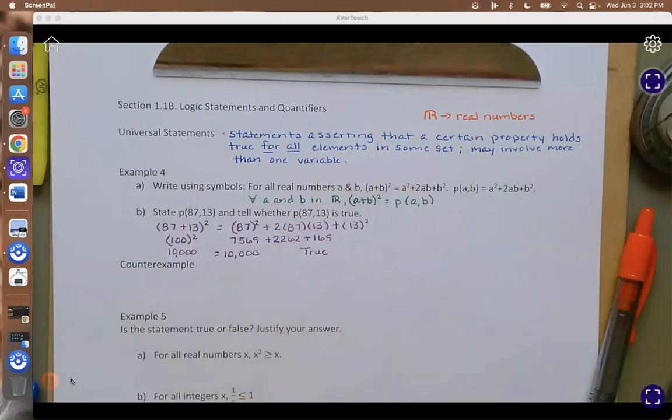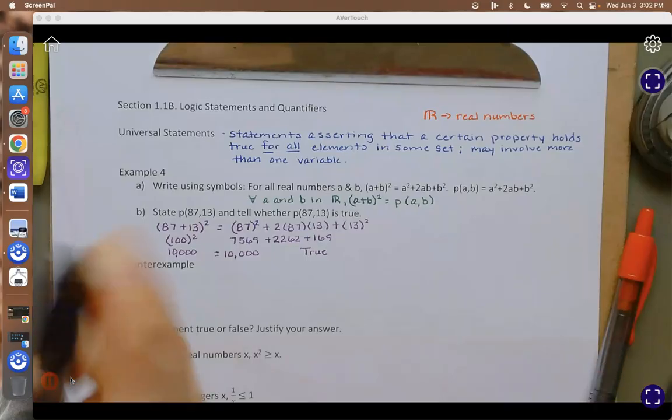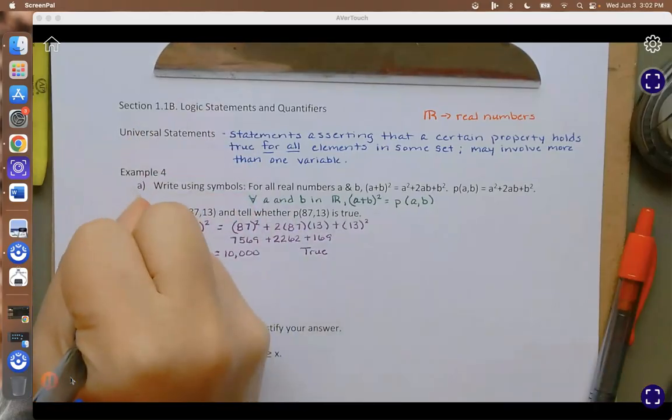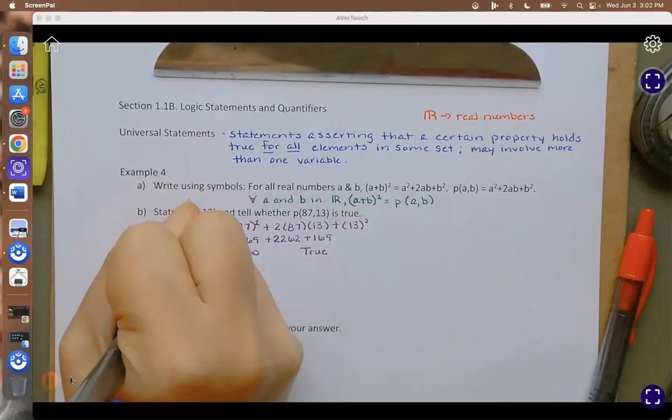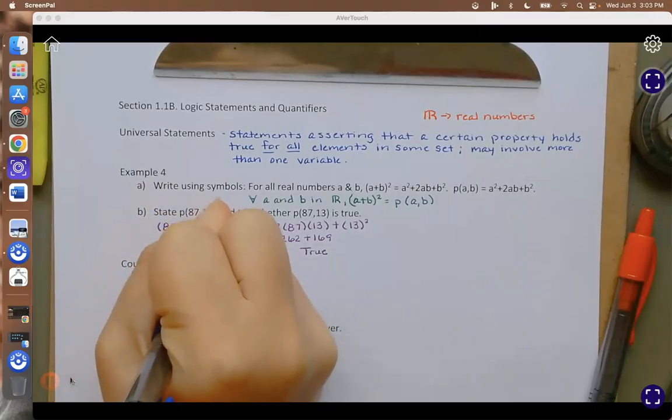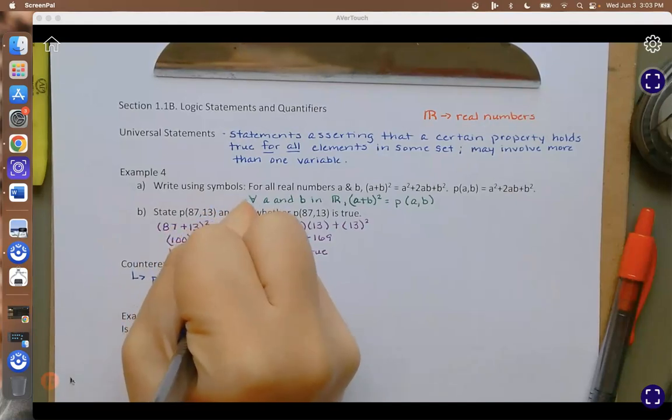Okay, the next definition is counterexample. Counterexample, the definition of that is proves a universal statement false.